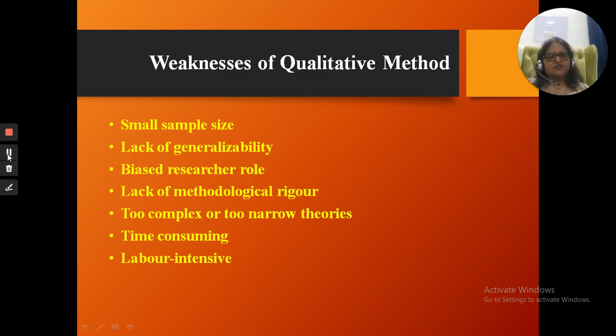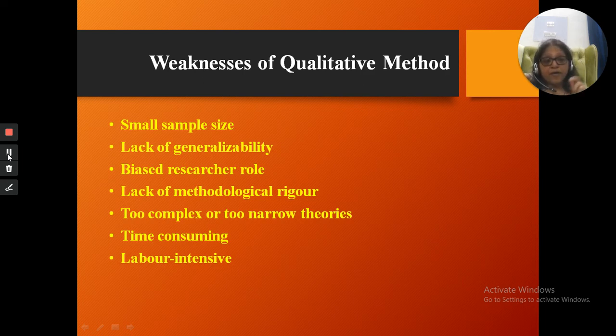It is either too complex or too narrow in nature, and it's time consuming. It's money consuming. It is energy consuming. It is labor consuming. Intense labor is required. You have to be a very keen observer. You have to be a very keen evaluator.